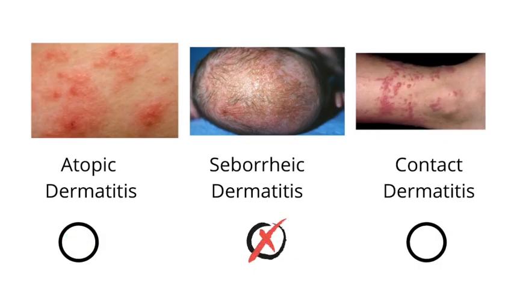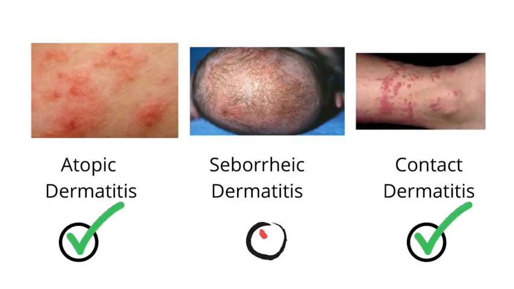While for contact dermatitis, it has vesicles in the exposed area of the skin where they were exposed to the irritant. For atopic dermatitis, it's not so cut and dry, so I basically just identify that one as a process of elimination.